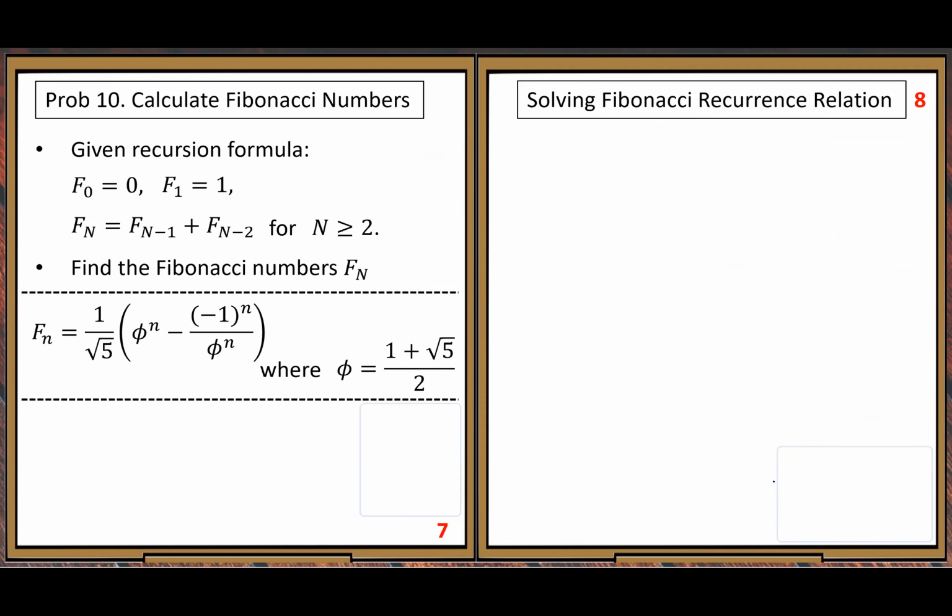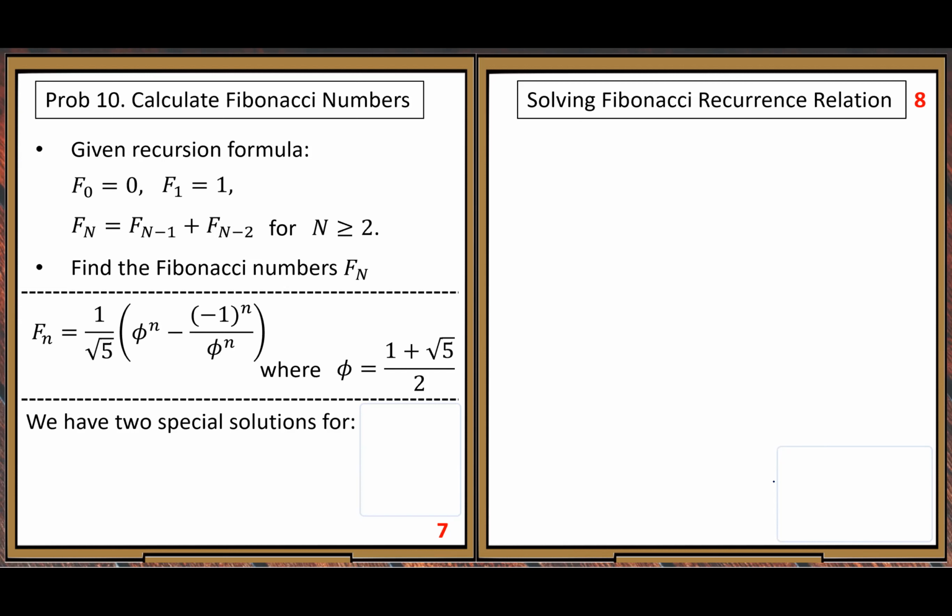Second step. Because we have two special solutions, now we want to consider the initial condition. For those two special solutions, we didn't consider the initial condition of the recurrence relation. That's not good.